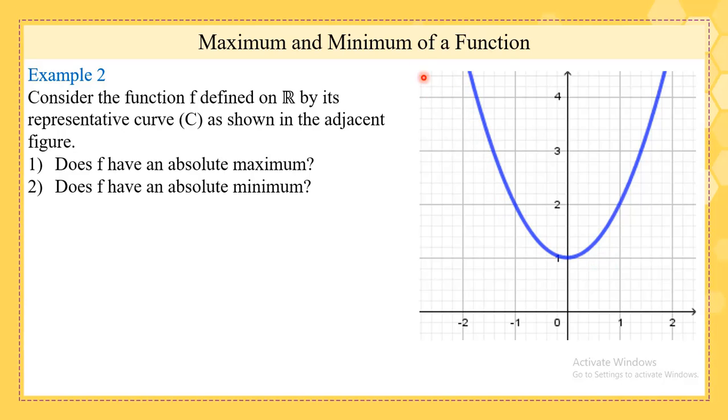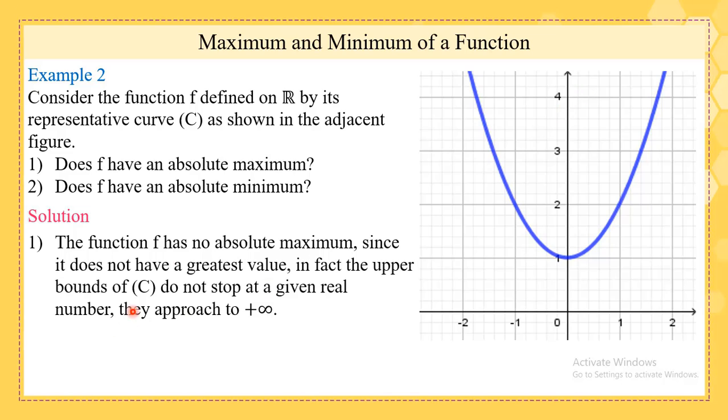Look, f comes from plus infinity, it decreases to attain 1, then it increases and continues to plus infinity. So no, the function has no absolute maximum, since it doesn't have a greatest value. Plus infinity is not a well-determined value. In fact, the upper bounds of C don't stop at a given real number. They approach plus infinity.